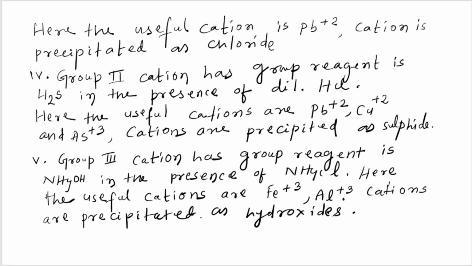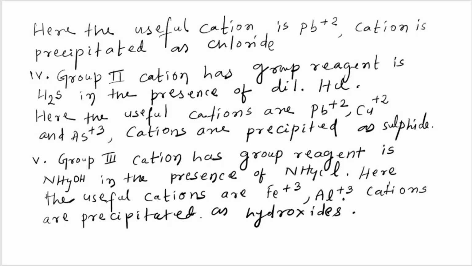Here the cations Pb plus 2, Cu plus 2, As plus 3 are precipitated as sulfides. Some sulfides are black and some are yellow. But in our syllabus, Pb plus 2 and Cu plus 2 are very important.